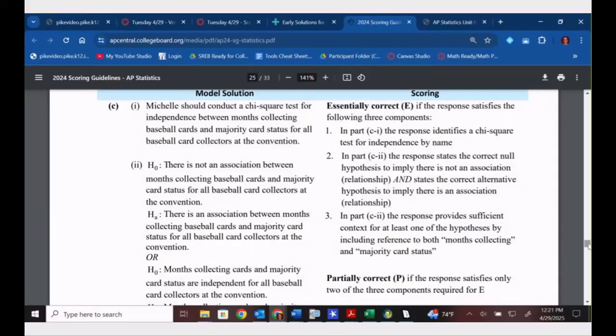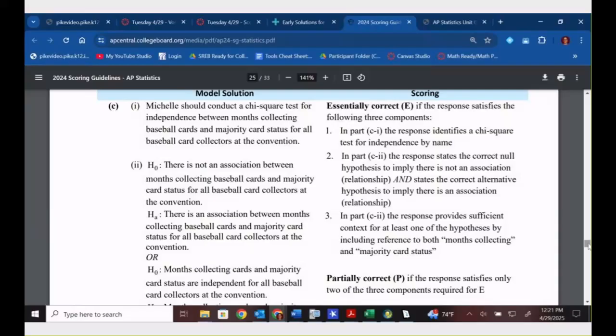And then in part C-II, for component 3, the response provides sufficient context for at least one of the hypotheses by including reference to both months collecting and majority card status. So in either the H0 or the HA, or in both, they have to talk about the months collecting and the majority card status, so rare or, I don't remember what the other one was.